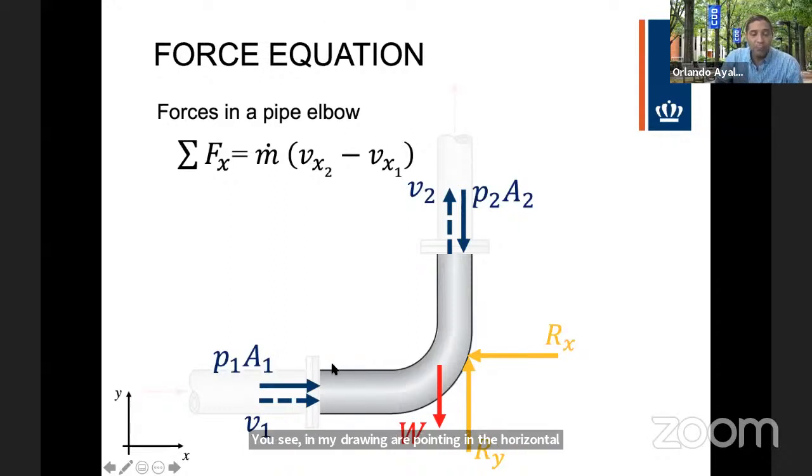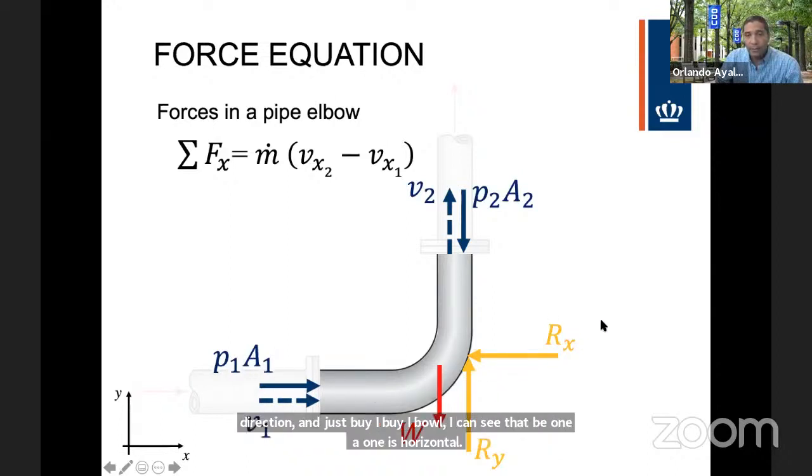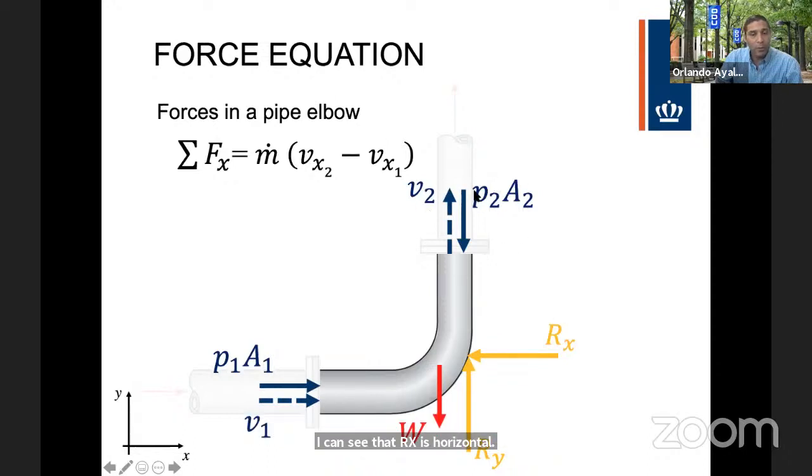By eyeball, I can see that P1A1 is horizontal, and Rx is horizontal. W and Ry are not horizontal, so they do not get included. The only ones included are Rx and P1A1.